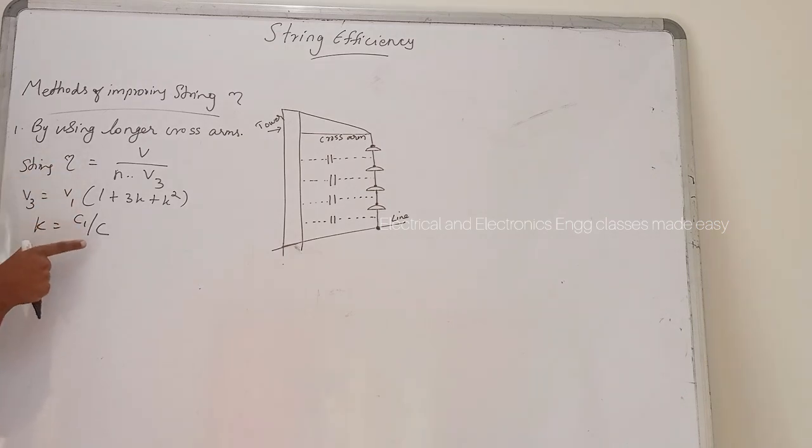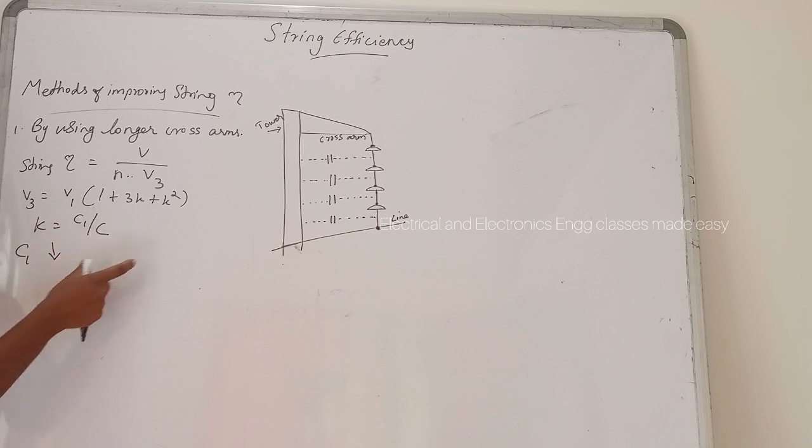The value of K can be decreased by reducing the shunt capacitance. So in order to decrease the shunt capacitance, that is C1, we have to decrease the value of C1.